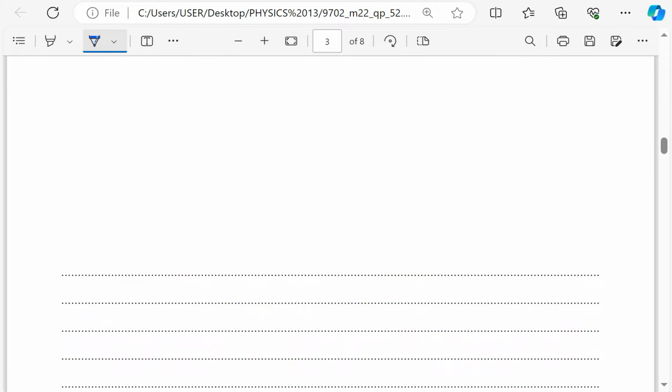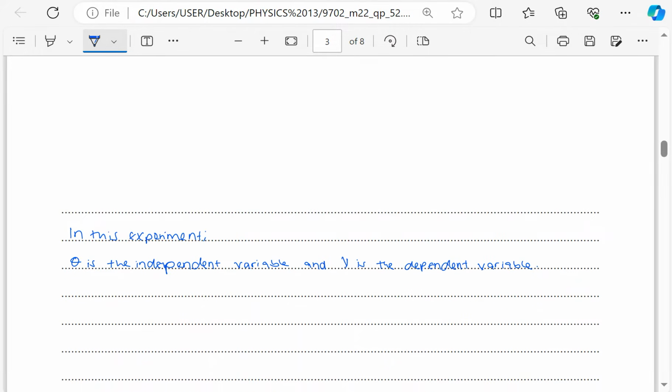So I can say in this experiment, theta is the independent variable, and V is the dependent variable. So that is the first statement I have to make here.